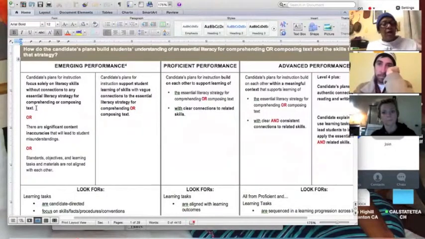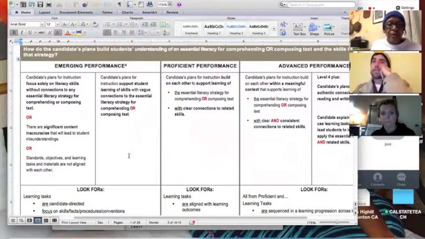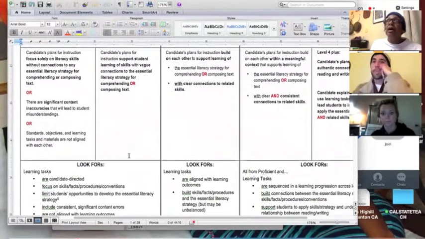What if, in other words, you just say, fill in this thing? That says that you're emerging and you're way below a level where they want to put you in front of children. Children would be harmed if you were in the classroom.